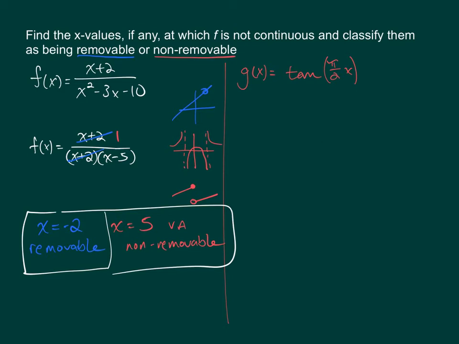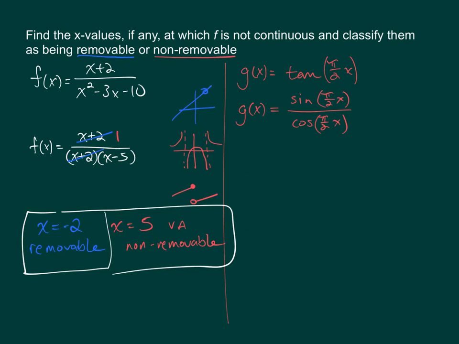In this next example over here, g of x equals tangent of pi over 2x. And there are many ways you could go about telling where this graph is not continuous. I think an easy way to do it is to turn this into sine of pi over 2x over cosine of pi over 2x.